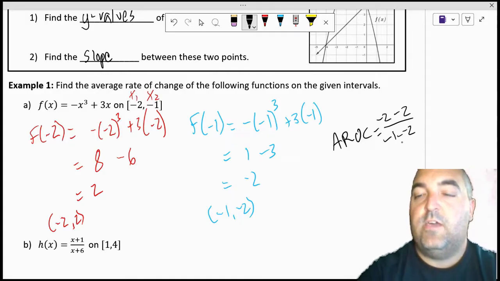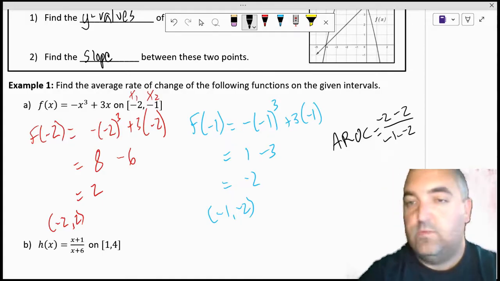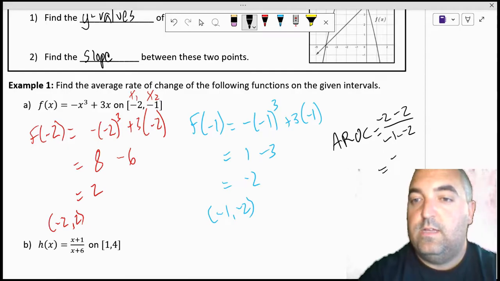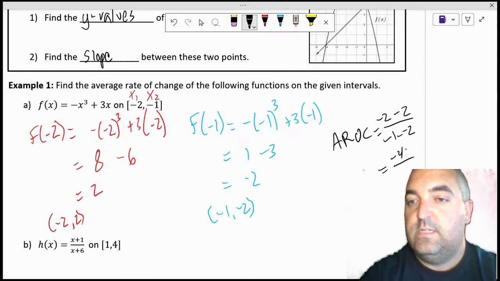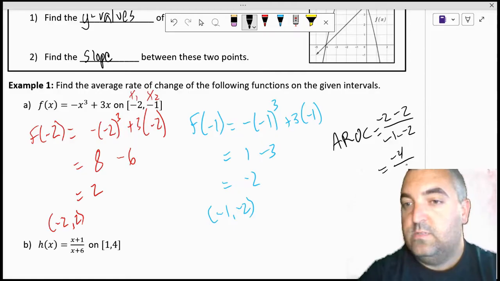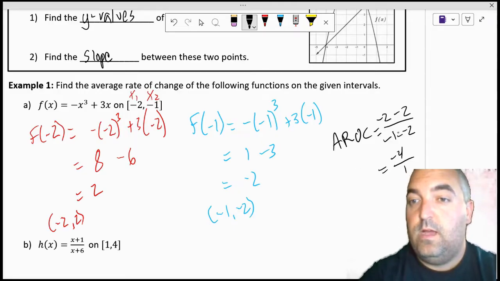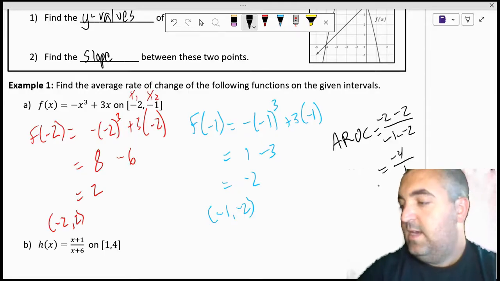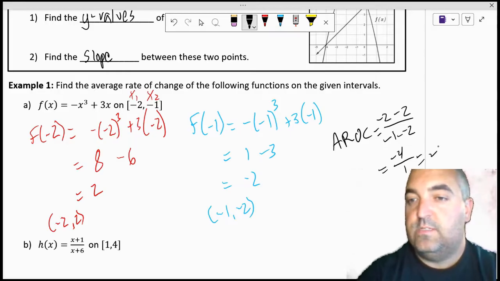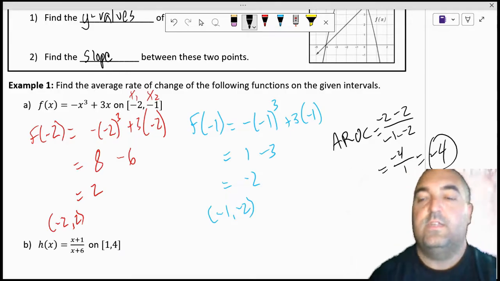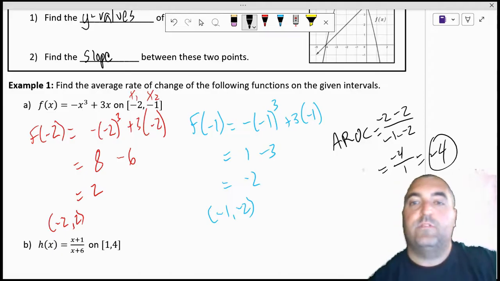And again, just be careful with negatives. That's going to be the most common mistake. The numerator is -4. Denominator is 1, because that's like plus. And that simplifies to a lovely -4 as our average rate of change.